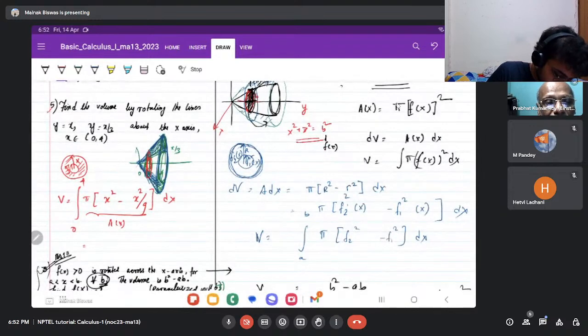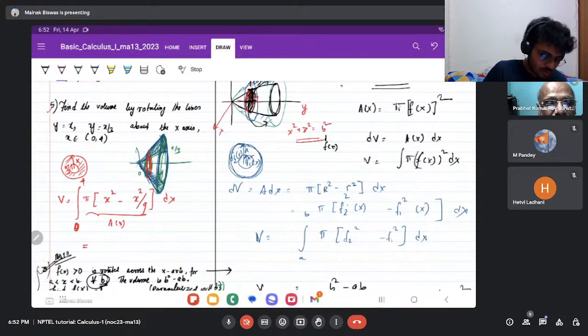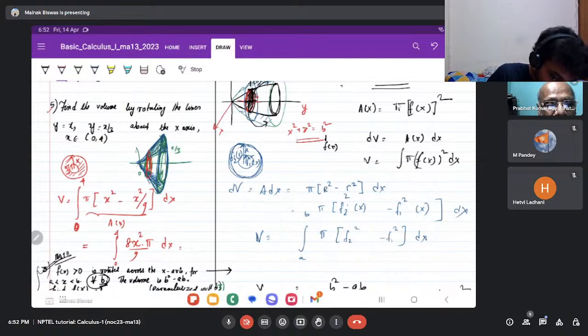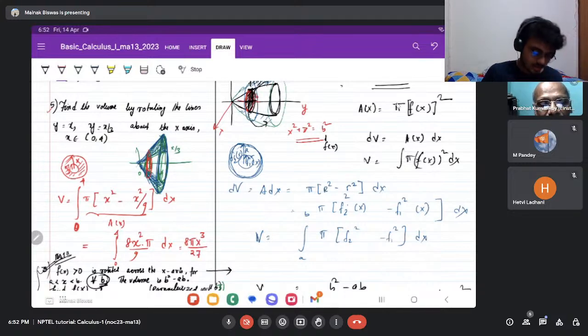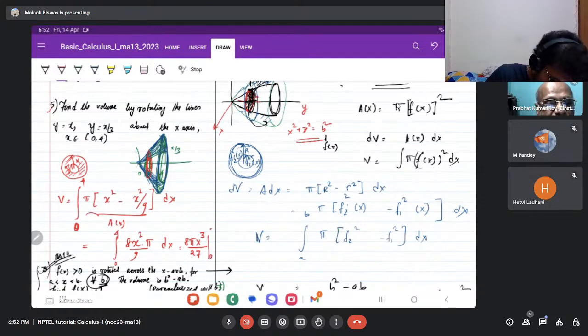So we'll see. The integral will turn out to be very simple: x square minus x square by 9 is 8x square by 9, into pi, from 0 to 4 dx, which is 8 pi x cube by 27 from 0 to 4.